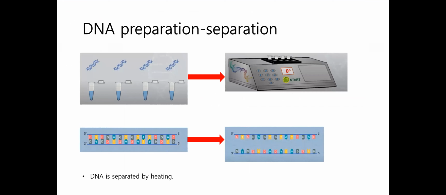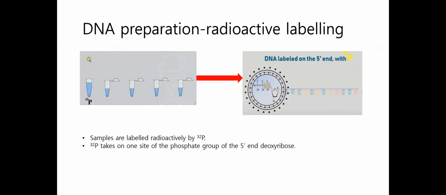DNA should be separated for this sequencing, and it is separated by heating. And then the separated DNA, one strand, is distributed equally to 4 samples, and the 4 samples are labeled radioactively with 32P, and 32P takes one site of the phosphate group of the 5' end of the deoxyribose.